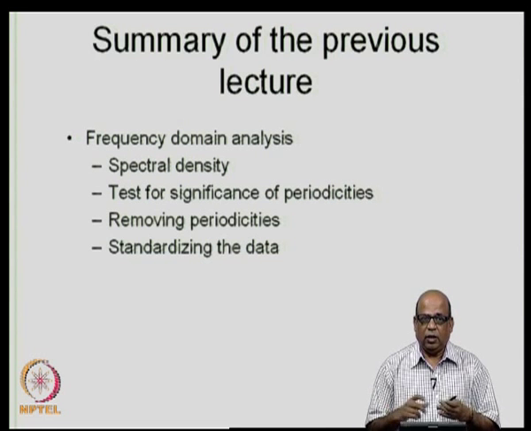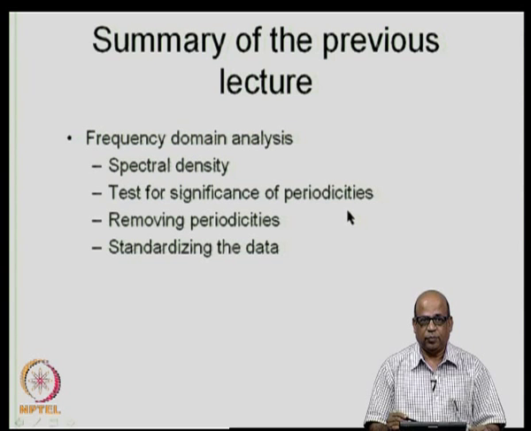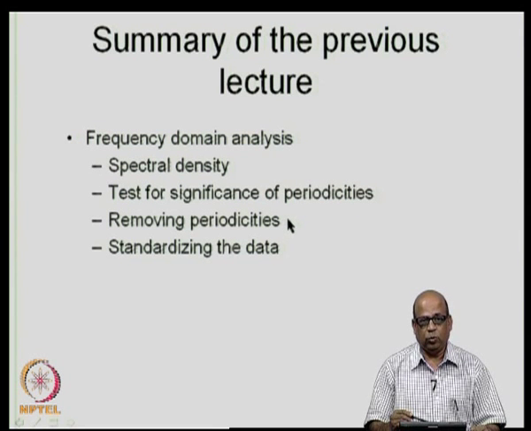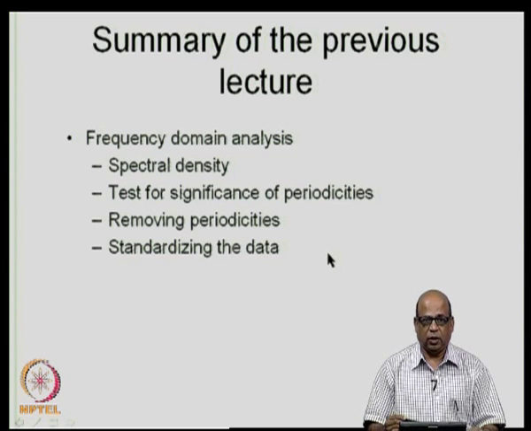Once we identified the statistically significant periodicities, we also examined how we remove those periodicities from the data. In that process we also introduced a method of standardizing the data.